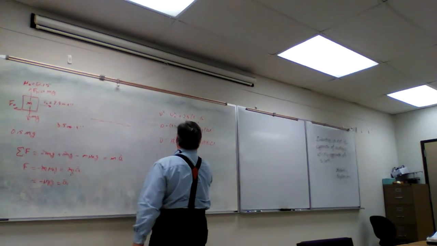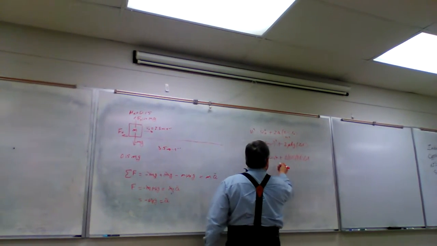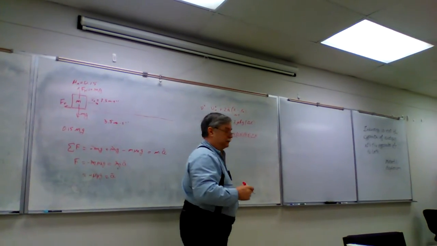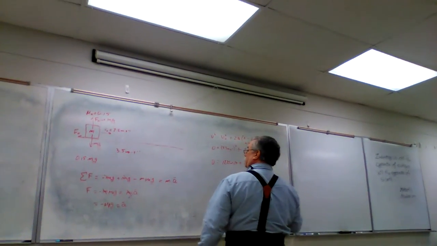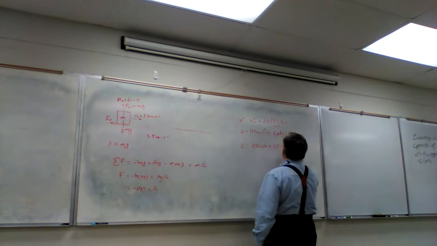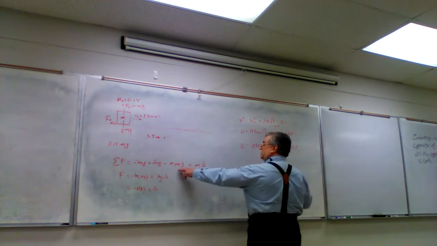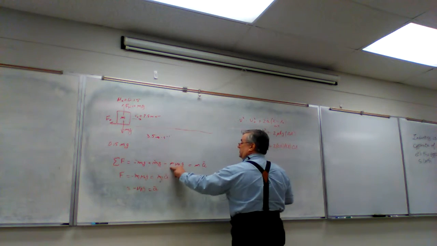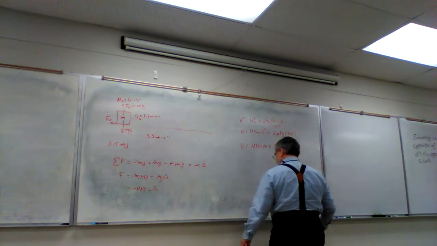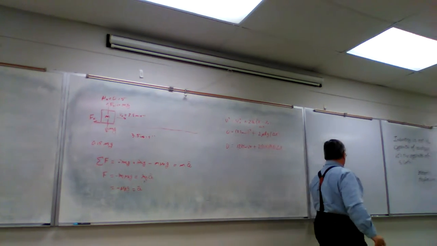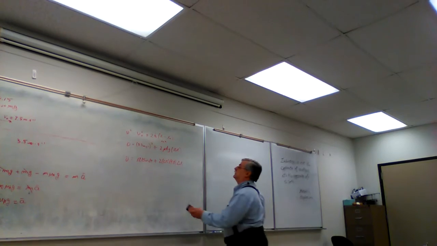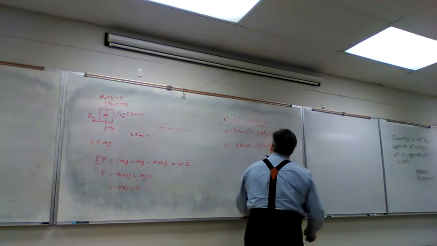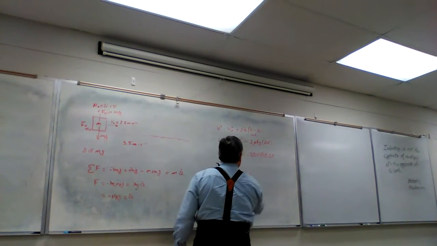Just algebraically subtract the, and actually, you'll notice I made a minor sign error here. This acceleration is not mu sub k times g. It's minus mu sub k times g. So let's correct that. And now we can solve for x by adding this to both sides.